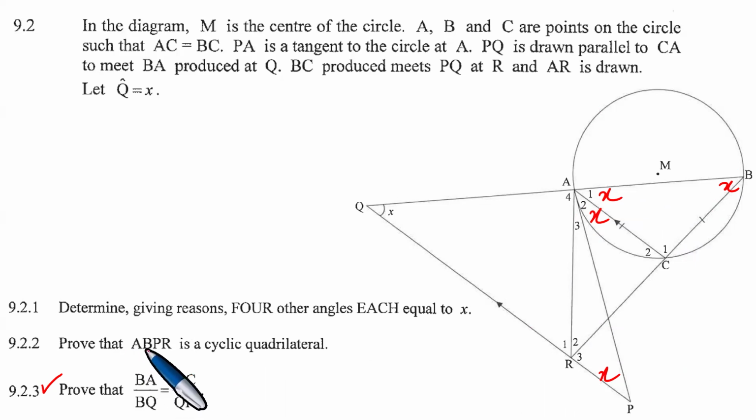So if you look at ABPR, for example, there are too many things we can state here. As a matter of fact, this angle here is twice X, and therefore this one is also twice X, like this. Now look at these and think of these very carefully.